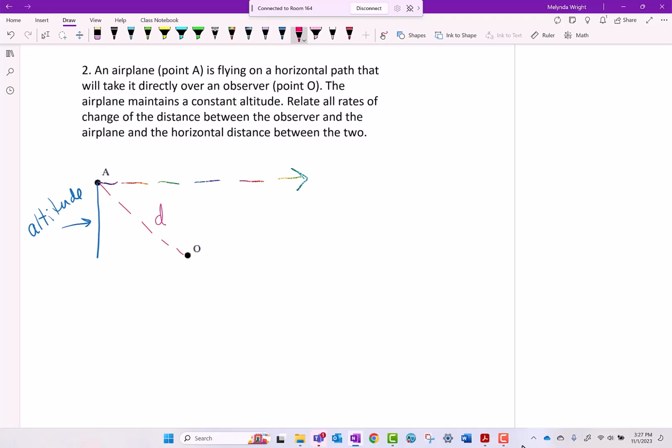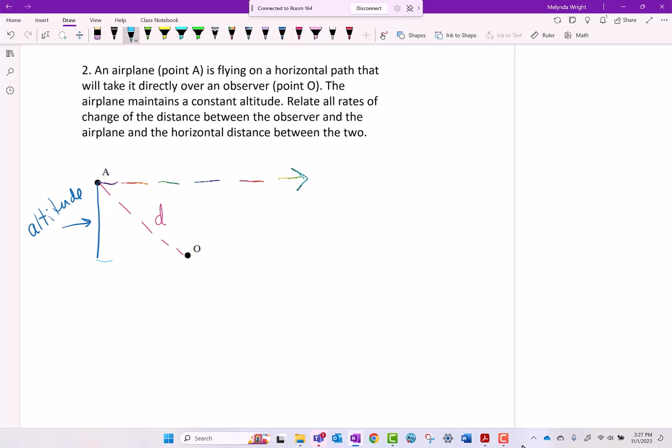Relate all the rates of change of the distance between the observer and the airplane and the horizontal distance between the two. Okay, so you probably remember from your geometry days working with the horizontal. If I want to measure the horizontal distance between the airplane and the person, I'd be looking at this right here, right?